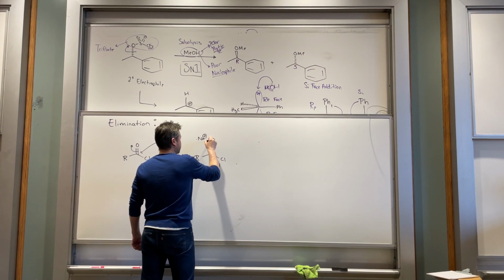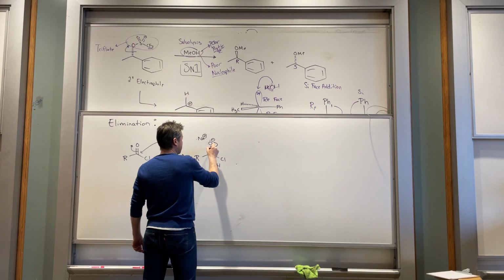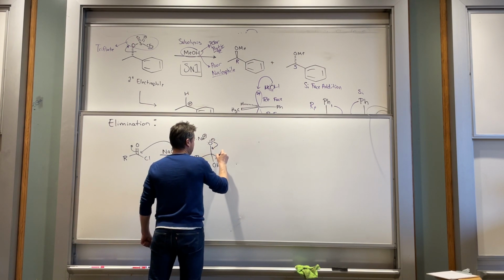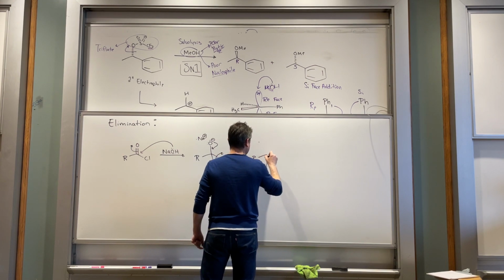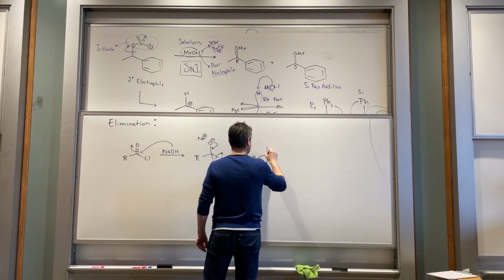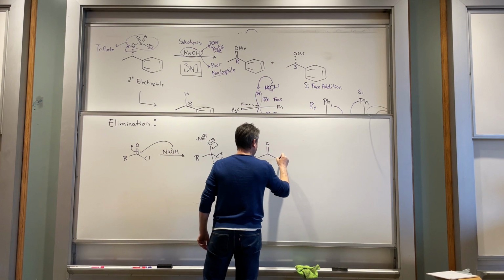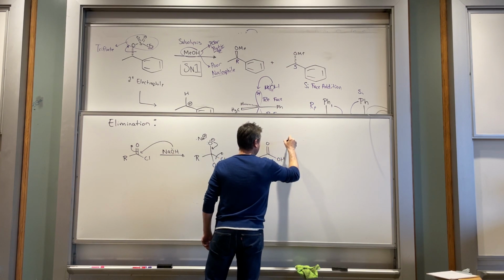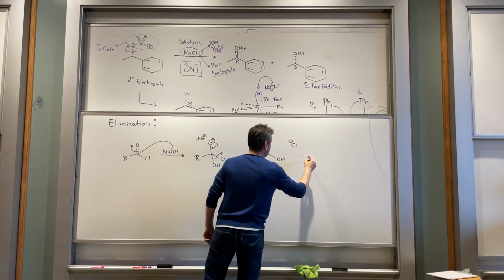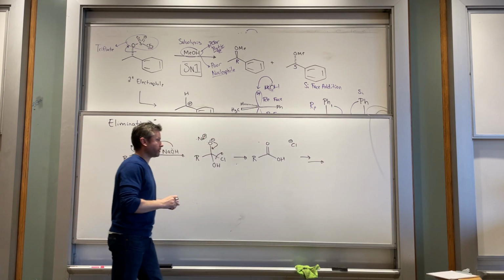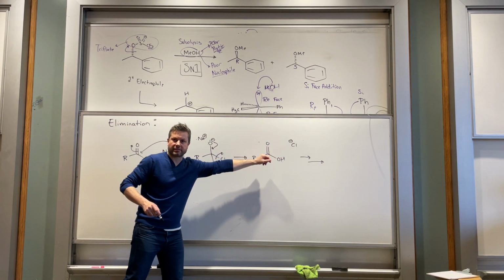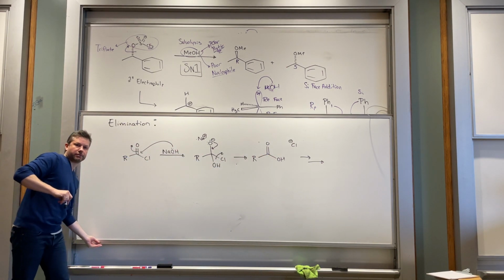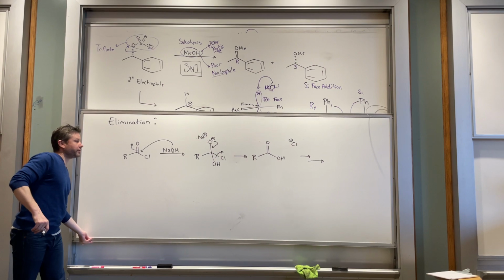Right, that results in the substitution to give us ultimately a carboxylic acid after some workup. I'll have more arrows in there because if we have sodium hydroxide, the carboxylic acid is not going to stick around. It'll deprotonate, then we'll have to reprotonate.